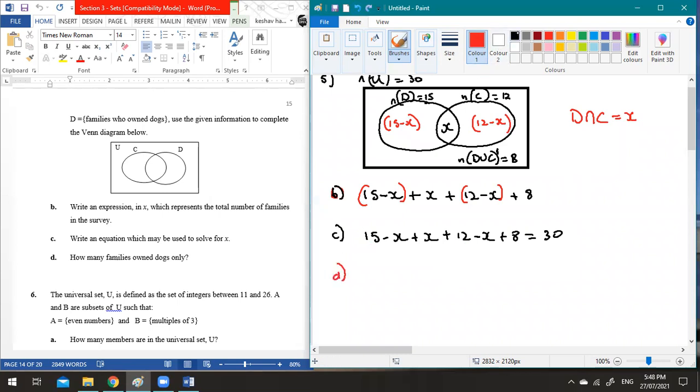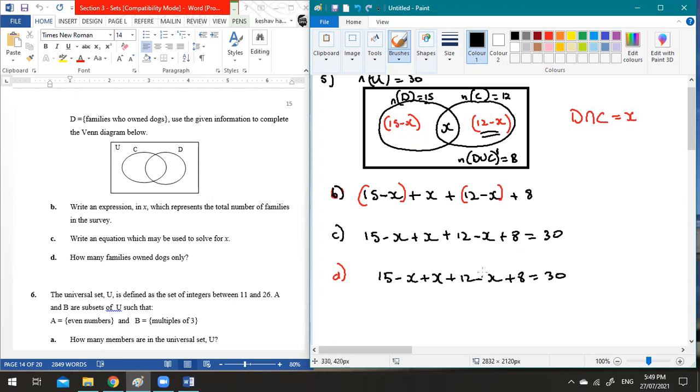Part D, where they ask us to solve how many families own dogs only. So basically, dogs only, they want to find this value here, 12 minus x. Now, in order to do that, we need to solve for the value of x, which I was going to do just now. Right? So 15 minus x plus 12 minus x plus 8 equals to 30.